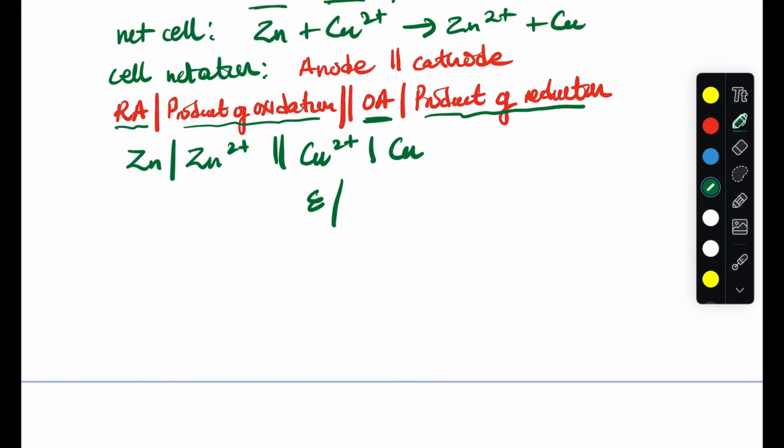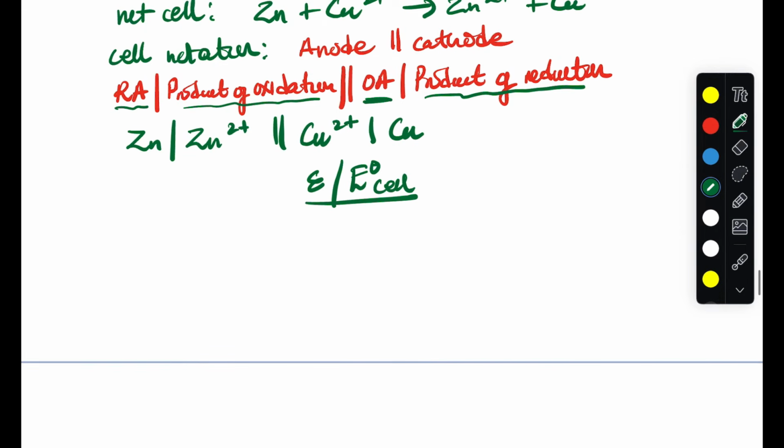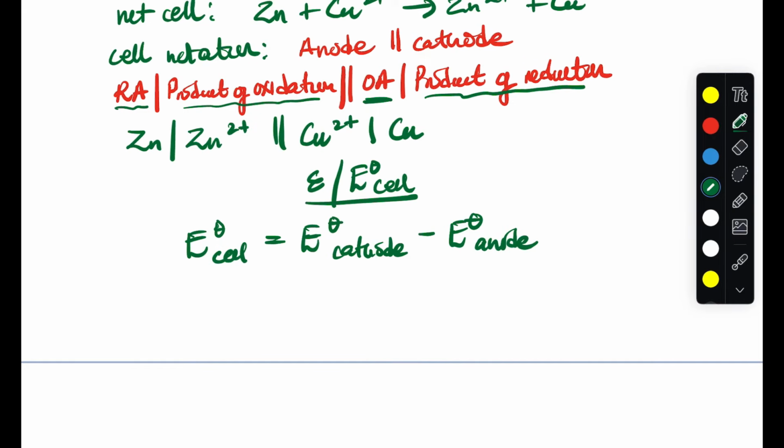And then there is a calculation: the EMF, or the E cell. For the calculation, you use the formula that you get in the data sheet. It says E° cathode minus E° anode, right?